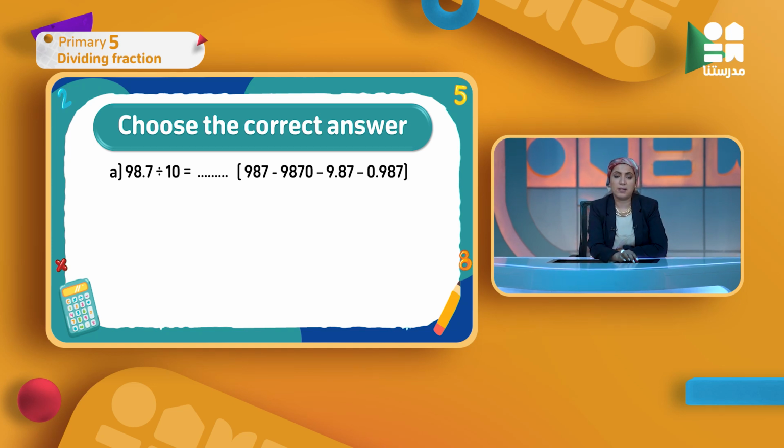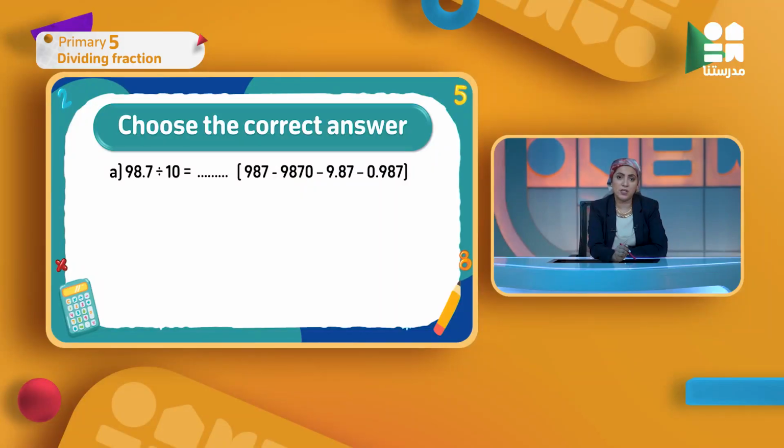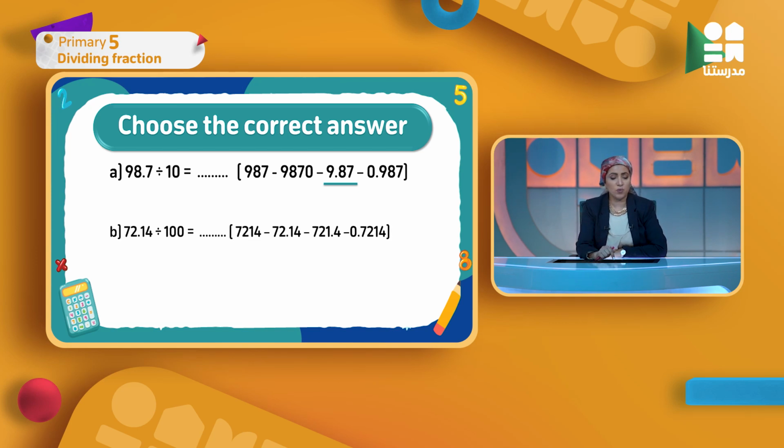The question is 98.7 divided by 10. How many zeros are there in the 10? Only one, and divided is to the left. So I will move the decimal point from its original place one place to the left, so the answer will be 9.87. Now let's move to the second question.